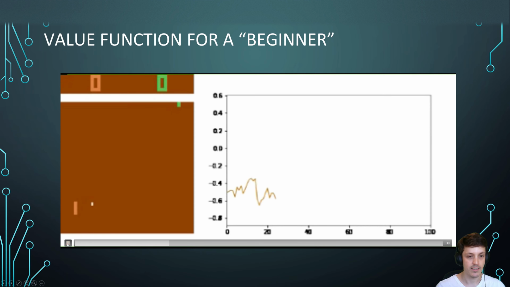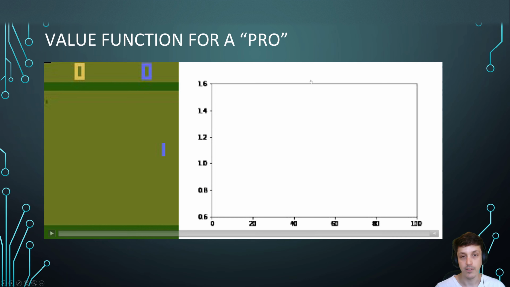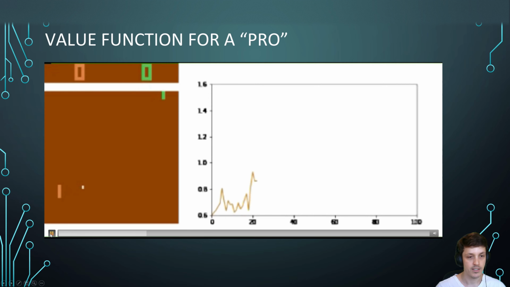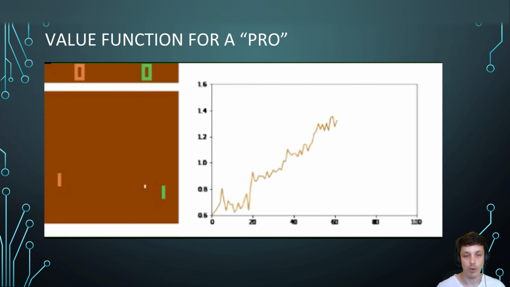So now let's look at the value function for a pro player. Again, our agent is on the right here. What you should note is that the value function starts off much higher. So it's much more confident at this point that it's going to get the point. You can see even though the ball's coming back, the value function is still going up. And even once it's hit it back, it doesn't really change much. So the value function is anticipating that this agent is going to get the ball back.